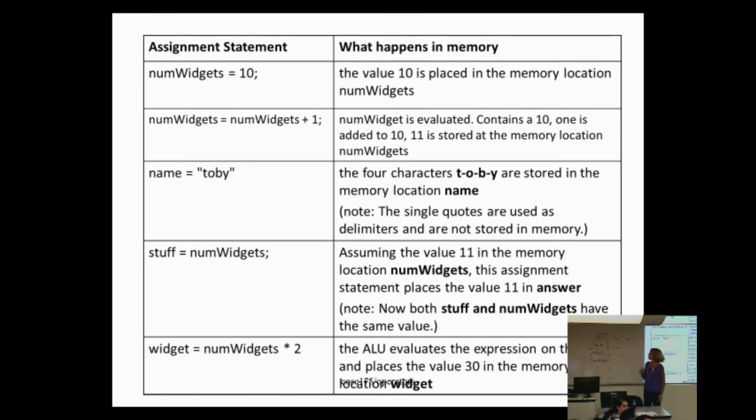Okay, so what happens when I say num-widgets equals 10? Yes, so num-widgets gets the value 10, and in actuality what would be stored there is the binary equivalent of 10, correct. All right, step number 2. Now, this is a little different. Num-widgets equals num-widgets plus 1. Now, which side did I say to start on?